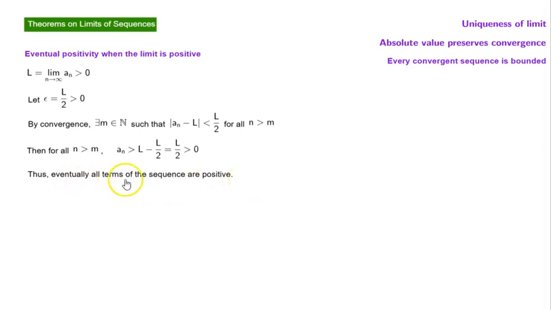So here you have to be clear: eventually means that after some terms, the terms become positive. So formally, we write it as: if the limit as n goes to infinity of a sub n is equal to L and L is greater than 0, then there exists M in N such that a sub n is greater than 0 for all n greater than M.